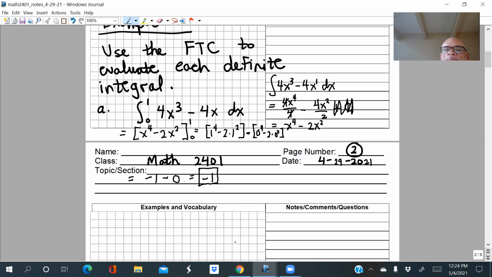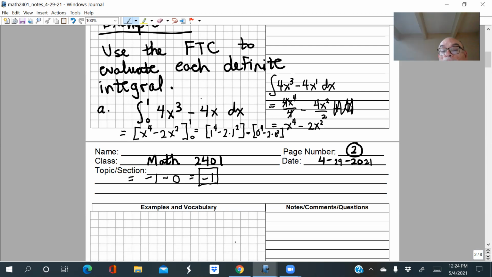So that's the result. So what's that telling me about this area between this curve and the x-axis from 0 to 1? The fact that this turns out to be negative, what's that kind of telling me there? It dips -1, like area below the x-axis.